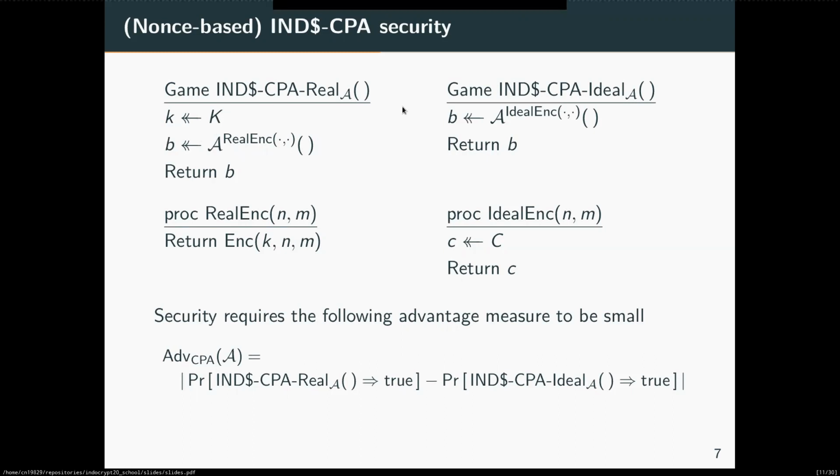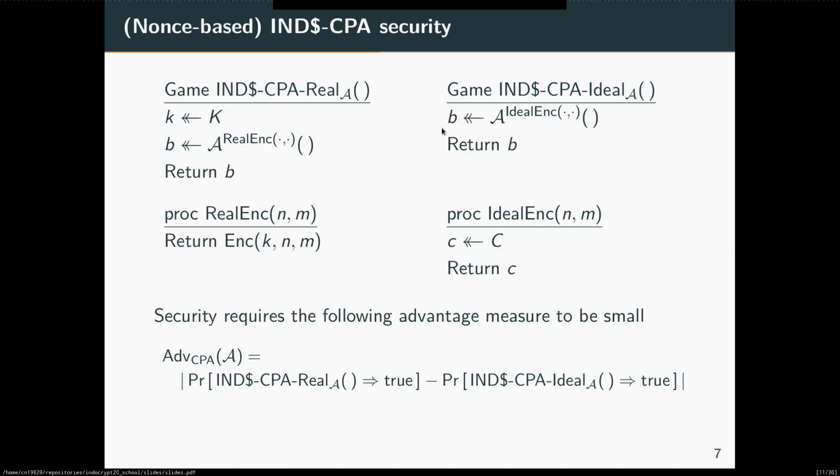On the other side, in the ideal experiment, we won't sample the key K in advance. We just let the adversary run with oracle access to an ideal encryption oracle. And the ideal encryption oracle, instead of computing the PRF, is going to simply sample the ciphertext C uniformly at random from the set of ciphertexts and return that.